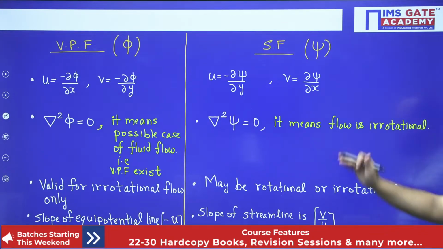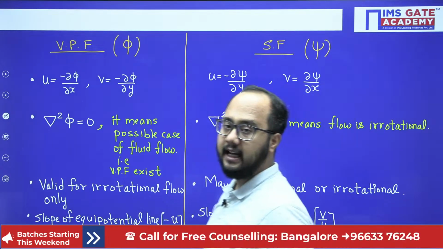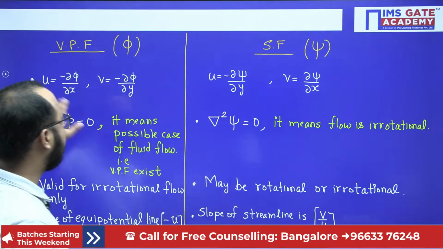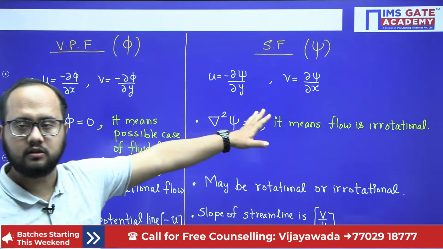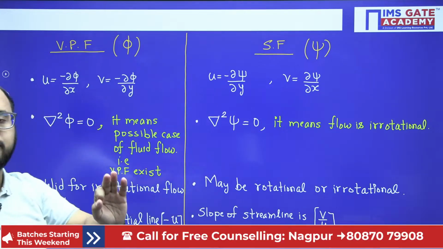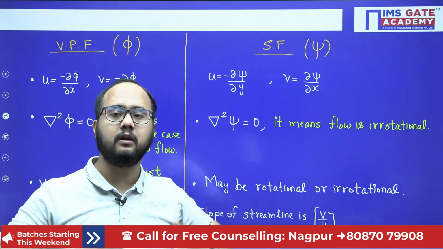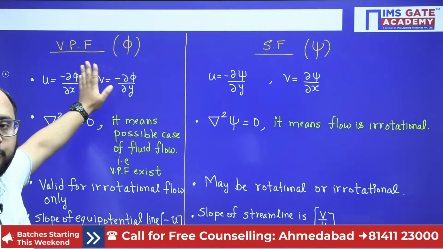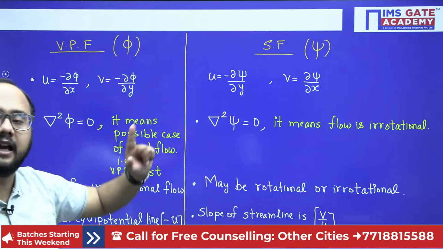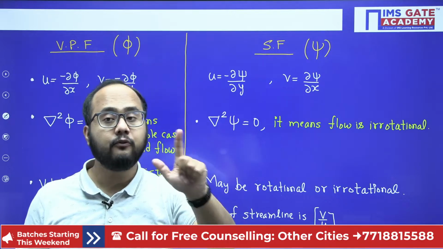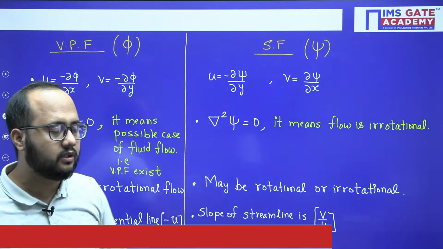Now these 4 points are very important. First, regarding the VPF, the velocity components and the stream function velocity components, I have told you. Second, the Laplace equation. Most of the time students make a mistake here, or have some confusion. Remember, Laplace for the velocity potential function means the existence of the VPF. The VPF will exist if the Laplace equation is satisfied by the velocity potential function.